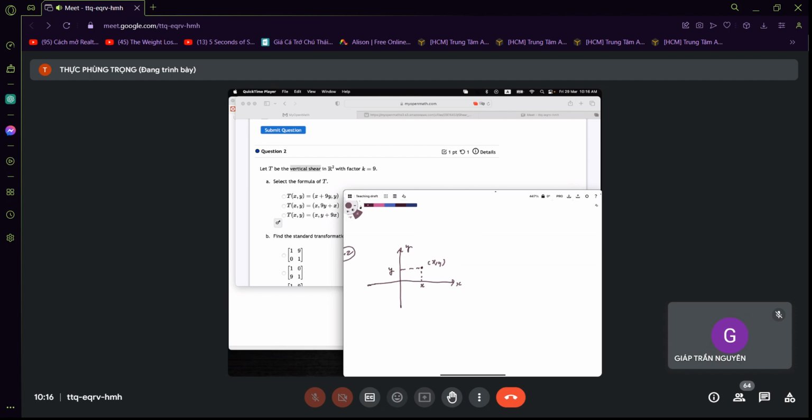If you consider a vertical shear, you go up. So let's say T of (s, y) now is this, (s, y), right? But you go up with a factor. So this is T of (s, y).